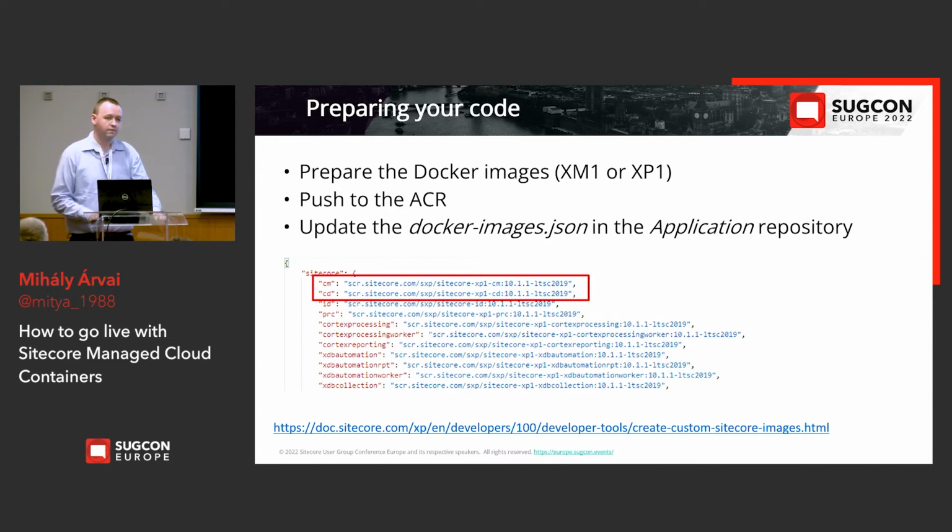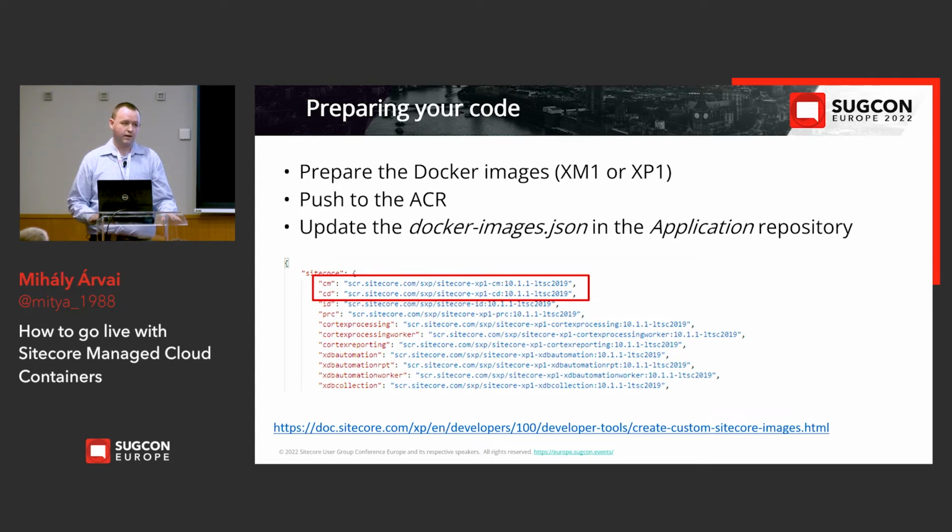Okay, so you need to prepare your code. First of all, you should prepare your custom Docker images. Once it's ready and you built it, you should push it to the Azure Container Registry. After that, you should clone the application repository from the DevOps project, and there will be a Docker images JSON file.